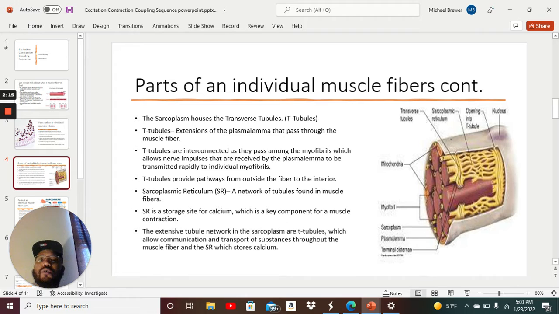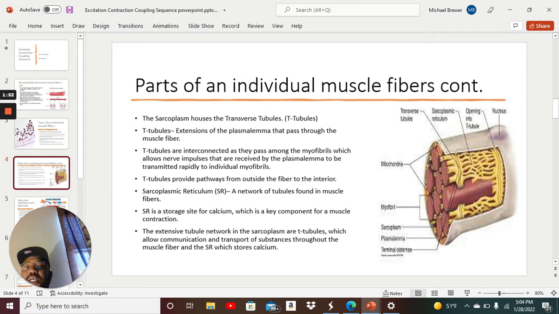These T-tubules are interconnected as they pass among the myofibrils, which allows nerve impulses that are received by the plasma lemma to be transmitted rapidly to individual myofibrils. T-tubules provide pathways from outside the fiber to the interior of the fiber.